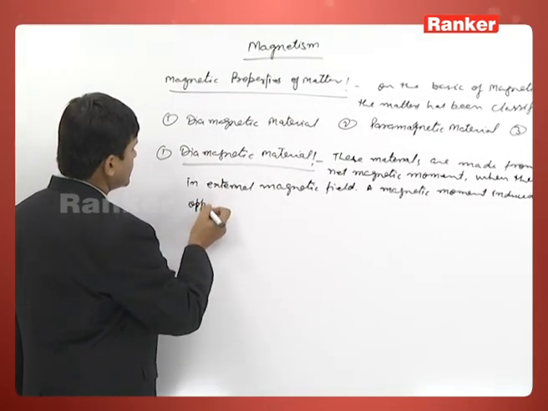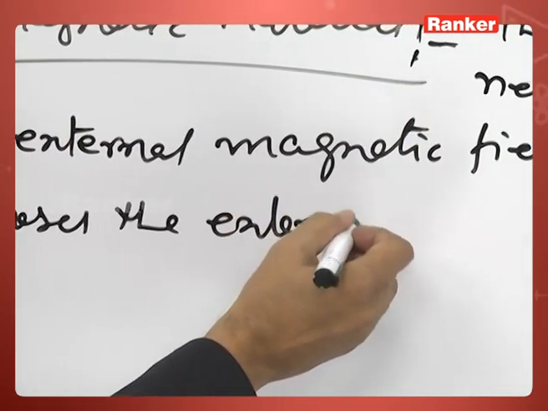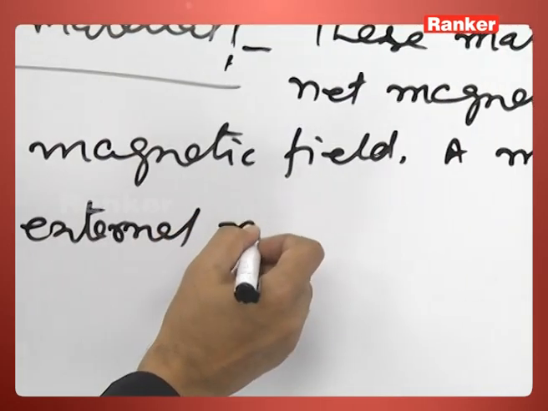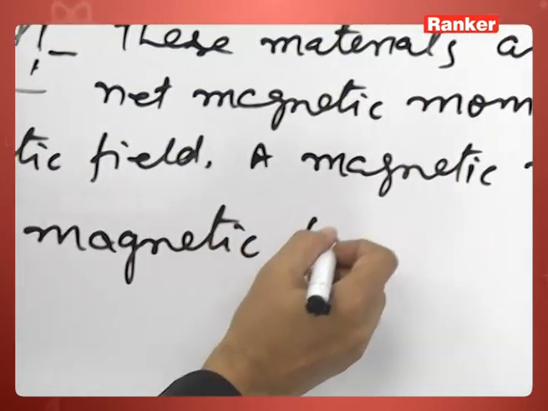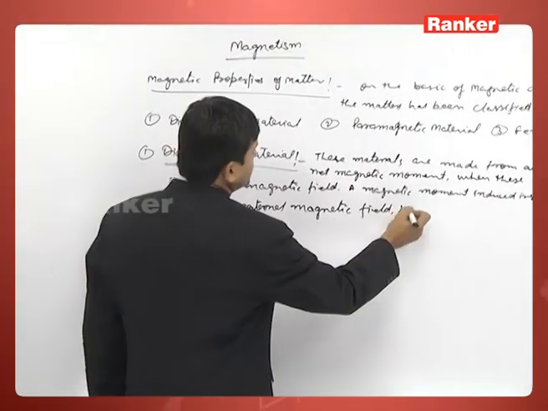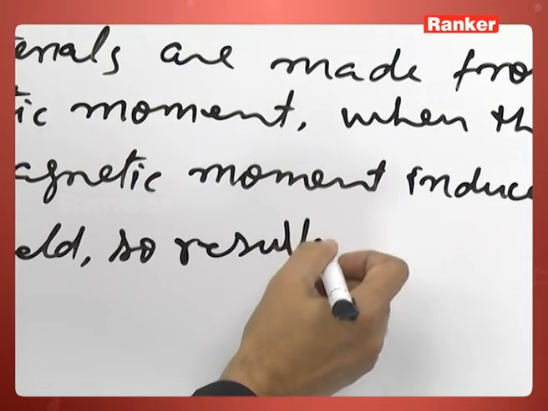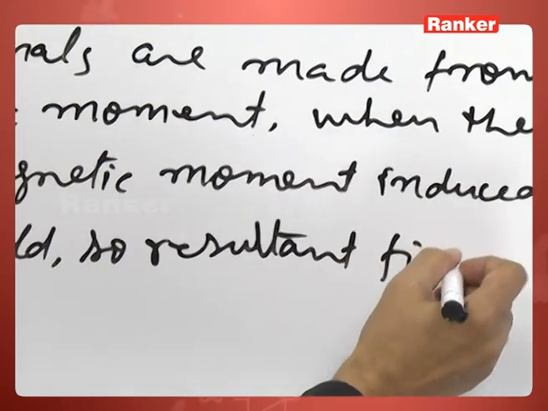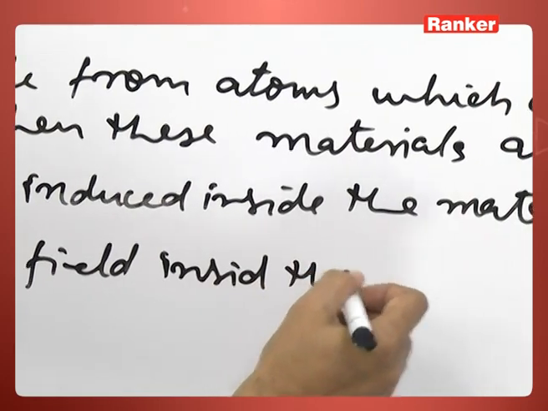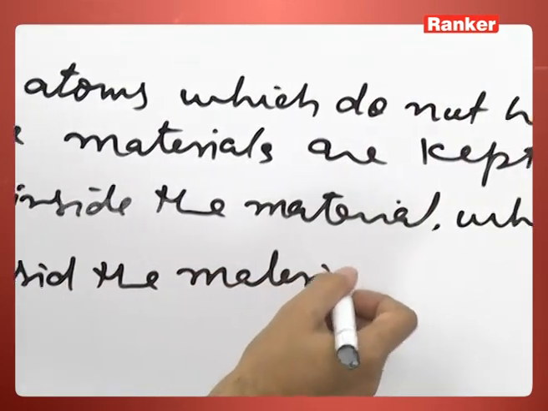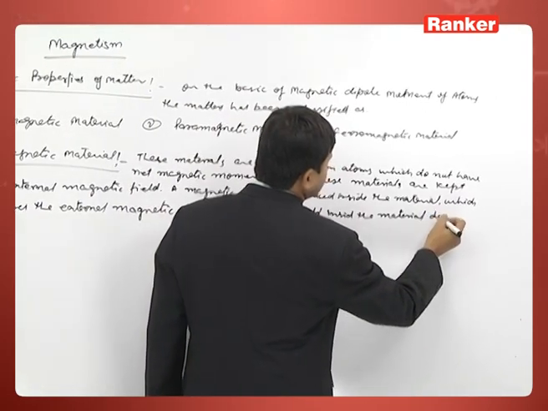So the resultant field inside the material decreases.